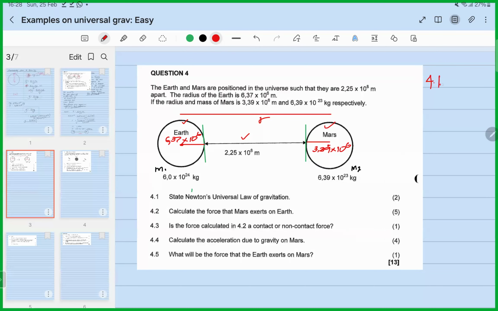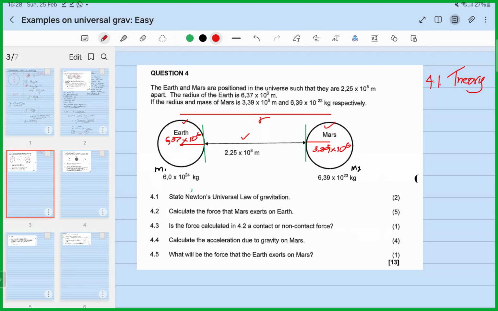One last time, I'm going to do it very fast now. Every particle attracts every other particle in the universe with a force that is directly proportional to the product of the masses and is inversely proportional to the square of the distance between the centers of the masses.